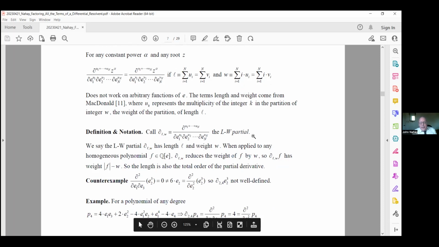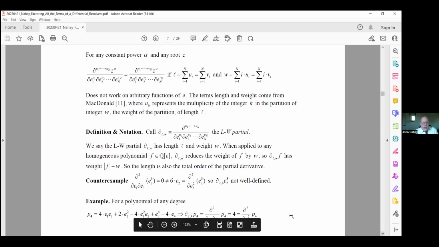We say it has length L and weight W, or actually order L. When applied to any homogeneous polynomial, the LW partial reduces the weight of the polynomial by W. So if F is homogeneous of a given weight, the LW partial on F has weight of F minus W.